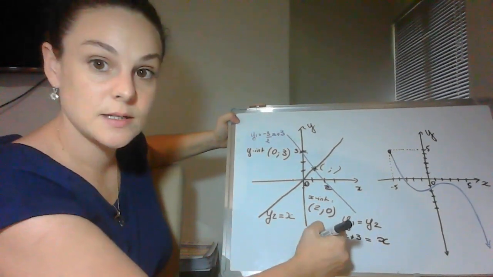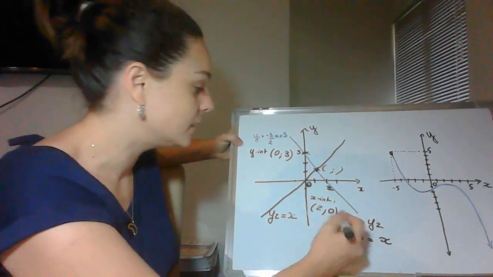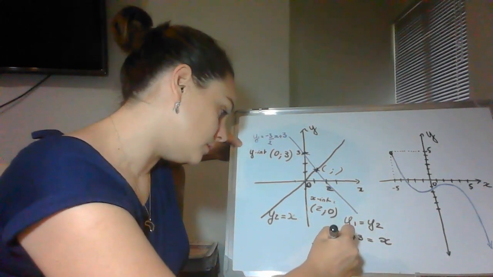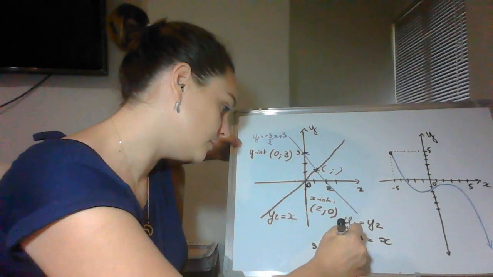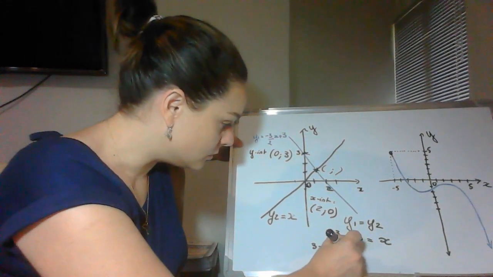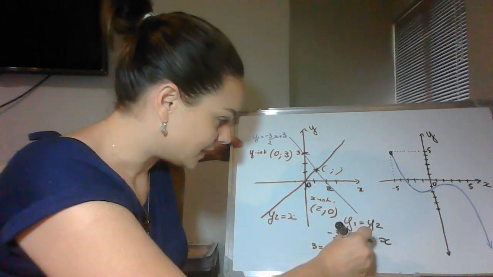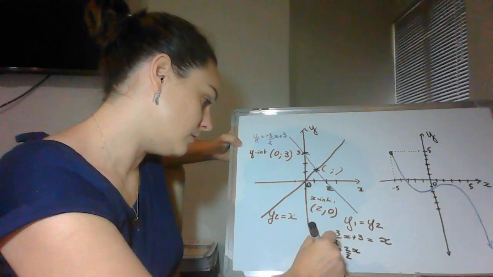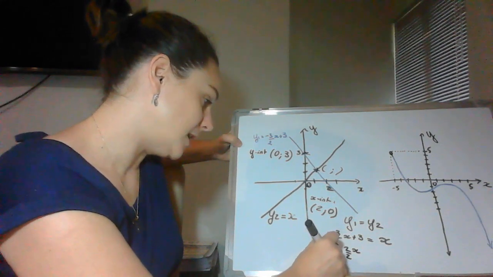So all the x's on one side, numbers on the other side. Here I'm going to have 3 equal to 3 over 2 plus x, but I want to have it over 2, so it's going to be 2 over 2 x. 3 equals 5 over 2 x.